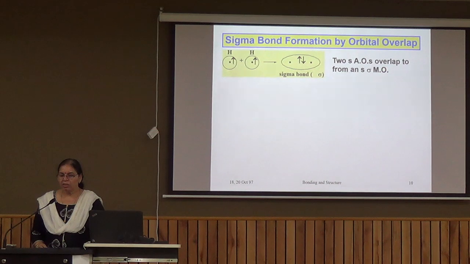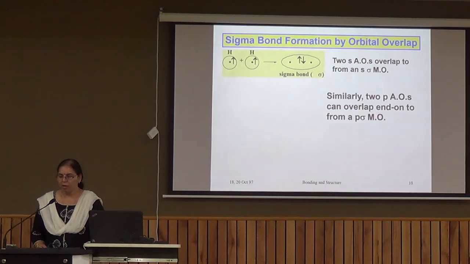Now see, two atomic orbitals overlap to form molecular orbitals. You can ask the question, what is a molecular orbital? Molecular orbitals are the orbitals which are formed by the overlapping of the same type of atomic orbitals. They have the same symmetry and same energy.